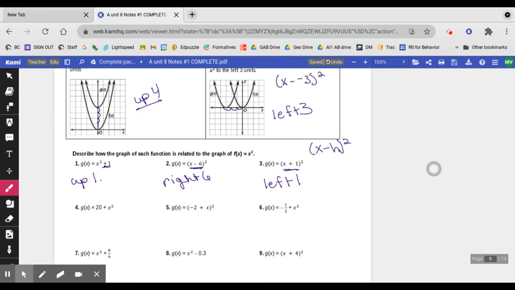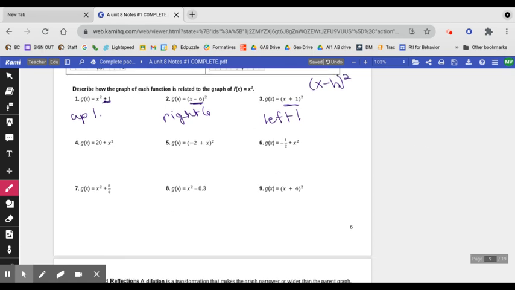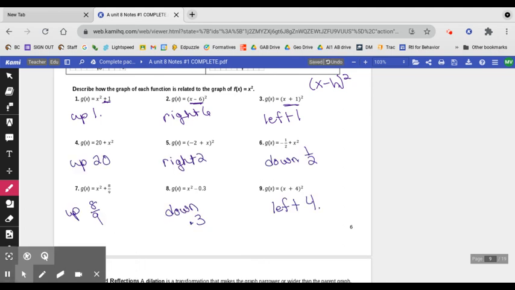So I want you to pause and I want you to do 4 through 9 and come back and check. So number 4, it's x squared plus 20. So that's up 20. Number 5, it's x minus 2 in parentheses. So that's right 2.